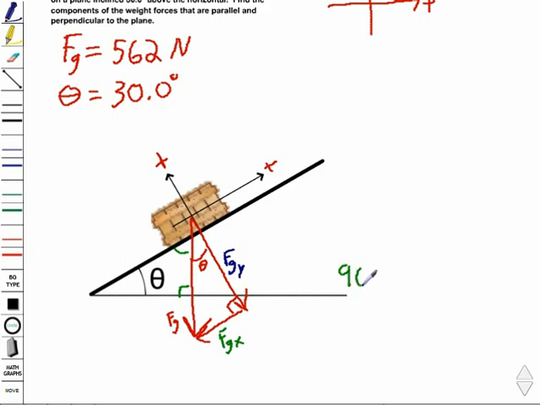We know we've got 90 of that used up with our right angle, and we subtract off 30 degrees for theta, and what we're left with is 60 degrees. So that makes this angle in here 60 degrees.